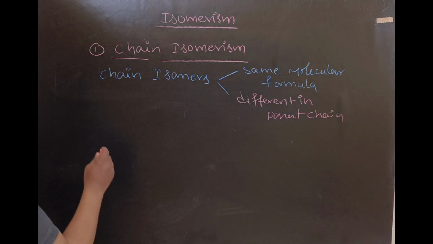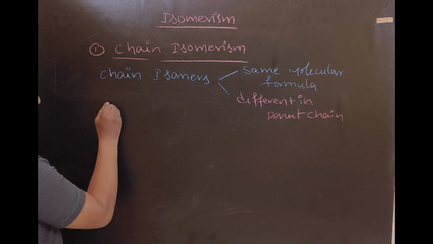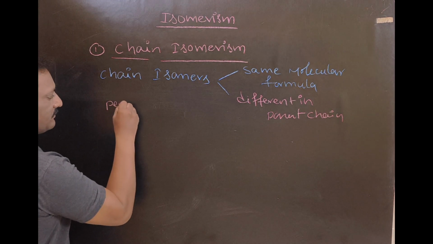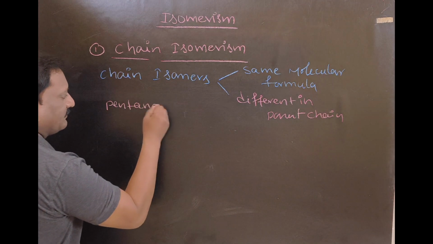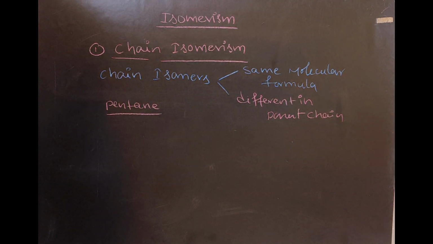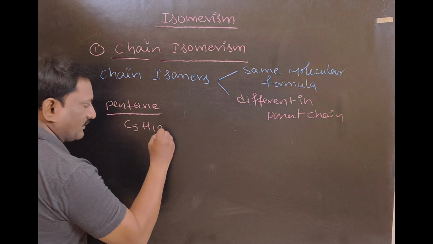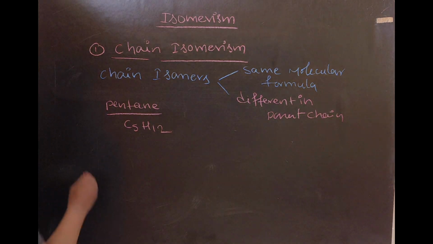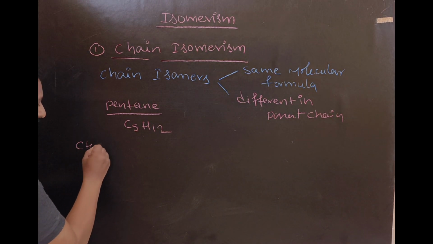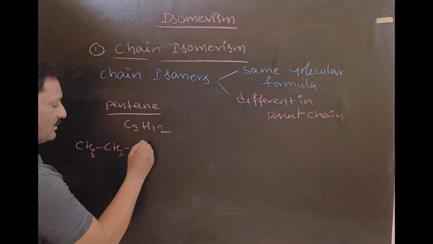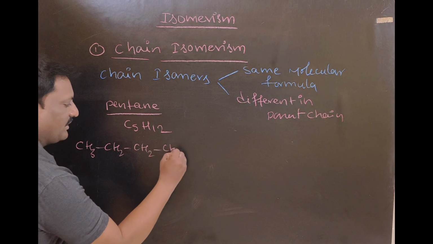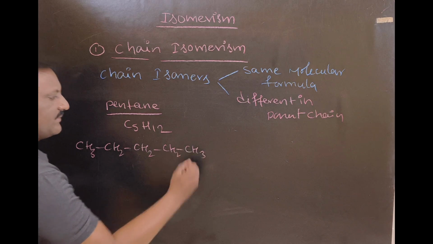Example, let us take pentane. Pentane chemical formula C5H12. Structure will be CH3, CH2, CH2, CH2, CH3.